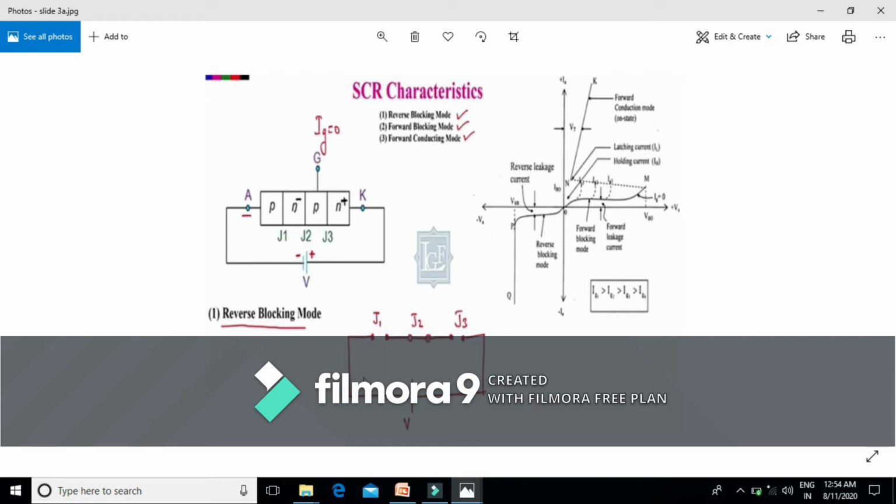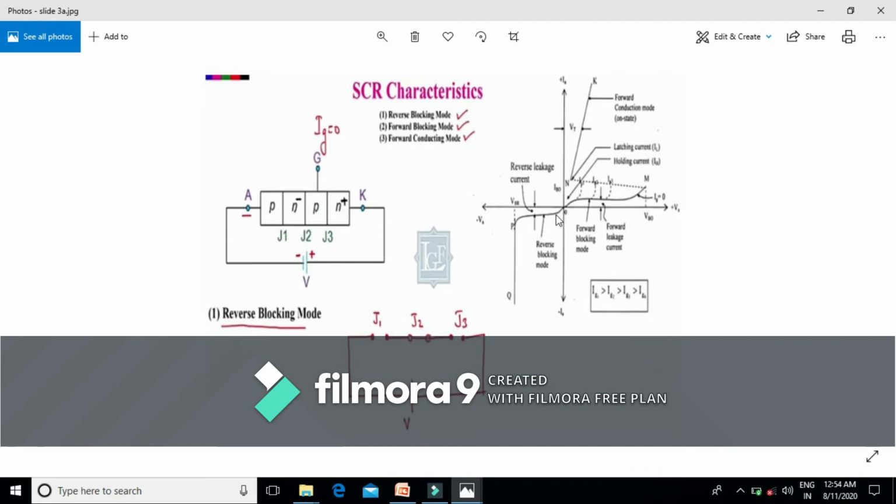During this reverse blocking mode, our SCR also remains in the off state, just like our diode. When we are applying the reverse voltage, a small amount of leakage current flows, until our reverse voltage exceeds this breakdown voltage, when a large amount of current flows, which may destroy our SCR.